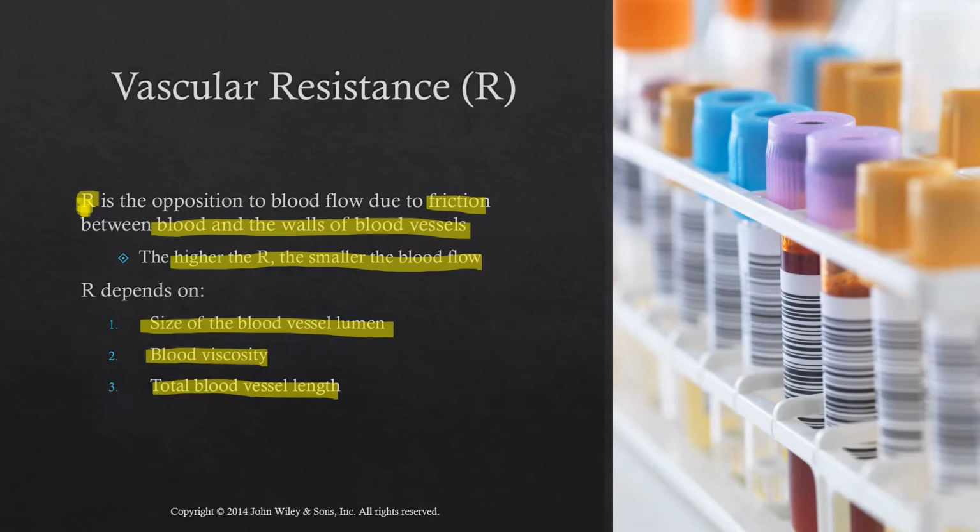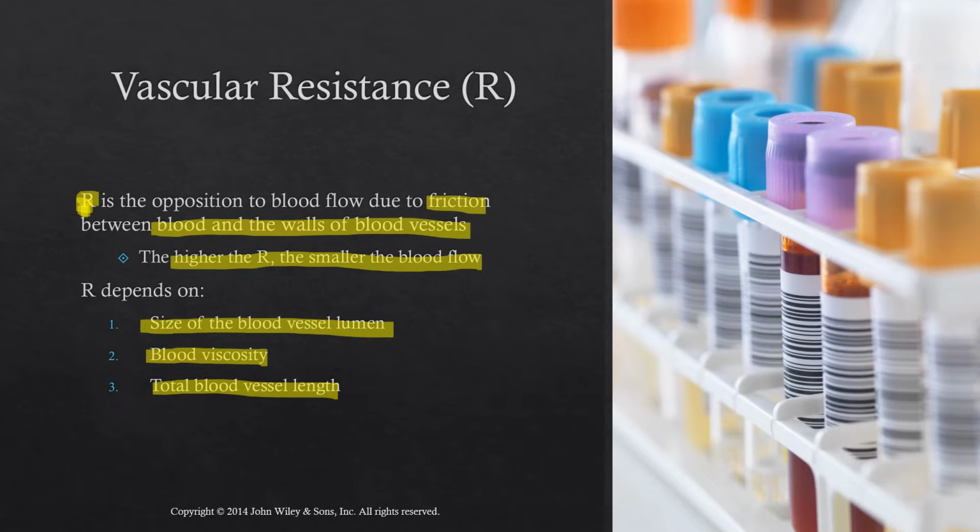And then as arterioles dilate and we increase the size of the lumen, blood pressure is going to fall and resistance decreases. Now, as the arterioles constrict, you're going to have resistance increase and blood pressure rises. So that's the size of the blood vessel lumen and how it affects vascular resistance.